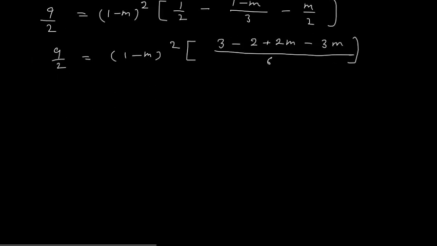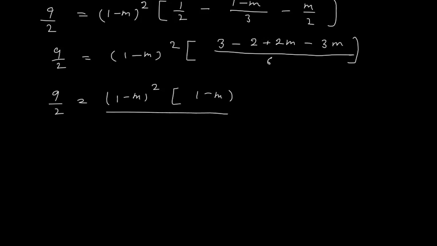So this gives us 9 divided by 2 equals 1 minus m the whole square, and here it is 3 minus 2, which is 1 minus m, so 1 minus m upon 6. Now 2 1s are 2, 2 3s are 6.